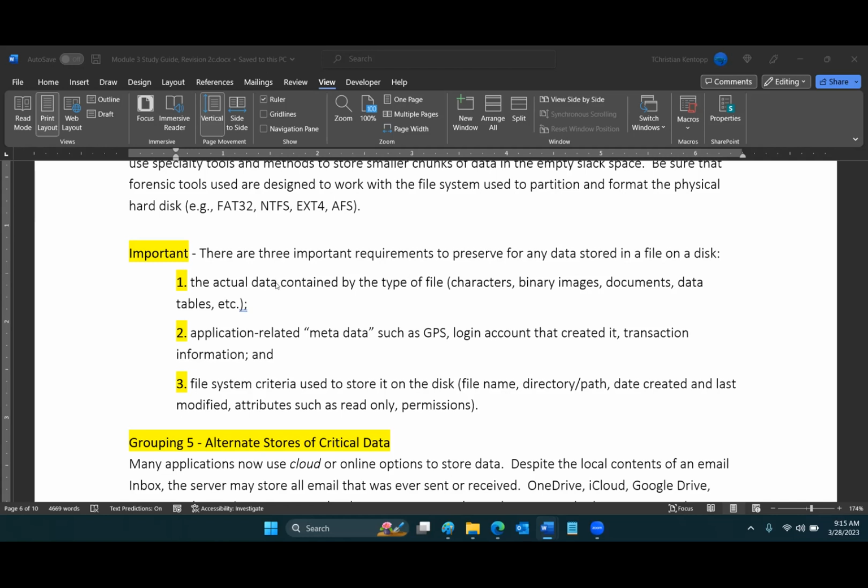So you have data inside the file, and then you have application-related metadata, such as GPS tags, the login account that created it, transaction information, and so on, like the last time it was modified. That's what we mean by transaction information. File system criteria used to store the file on the disk, like the path and the file name, and of course, other attributes that the file system references, such as date created, last modified, read-only permissions, encryption permissions, compressed, and so on.